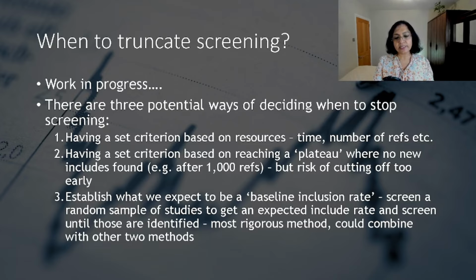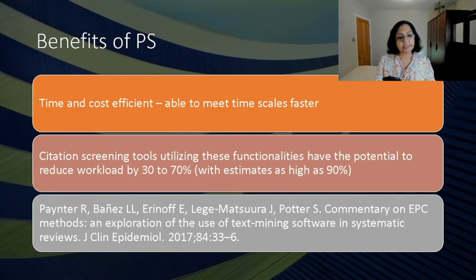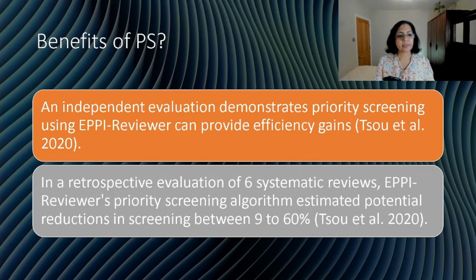So it is very clear that there are certain benefits of priority screening, but there are also risks involved. Citation screening tools utilizing these functionalities have the potential to reduce workload by 30 to 70%, as estimated by one report published in the Journal of Clinical Epidemiology in 2017. An independent evaluation demonstrates priority screening using a peer reviewer can provide efficiency gains.